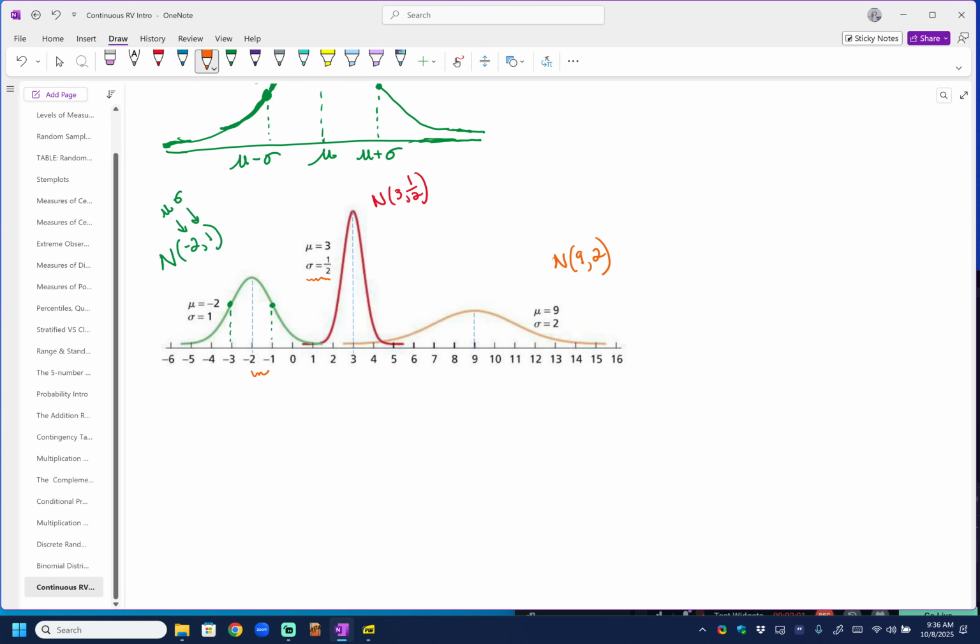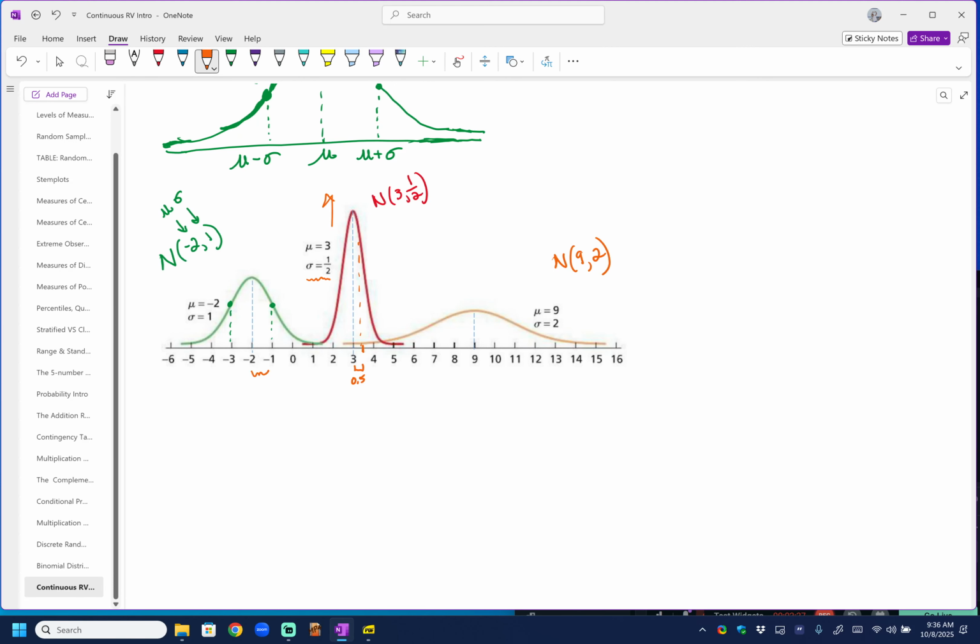Why? Because the standard deviation is now only 0.5, which is about here. All of these curves have to have an area of 1, so if we shrink the standard deviation, the curve has to go up to accommodate the area that needs to be moved around.